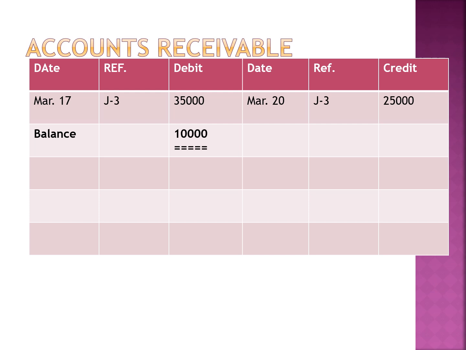And on March 20, this credit of 25,000 represents the accounts already collected, from slide 3 of the general journal. So 35,000 minus 25,000 of credit, the debit balance of accounts receivable is 10,000.